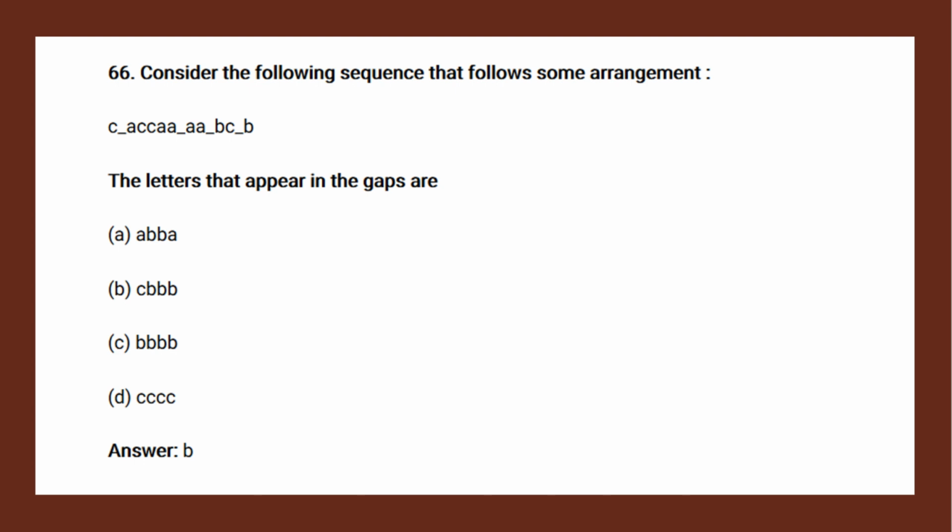C, space, A C C A, space, A, space, B C, space, B. The letters that appear in the gaps are A B B A C, and the next option B is C B B B, option C B B B B, option D C C C C. The answer is option B, C B B B.